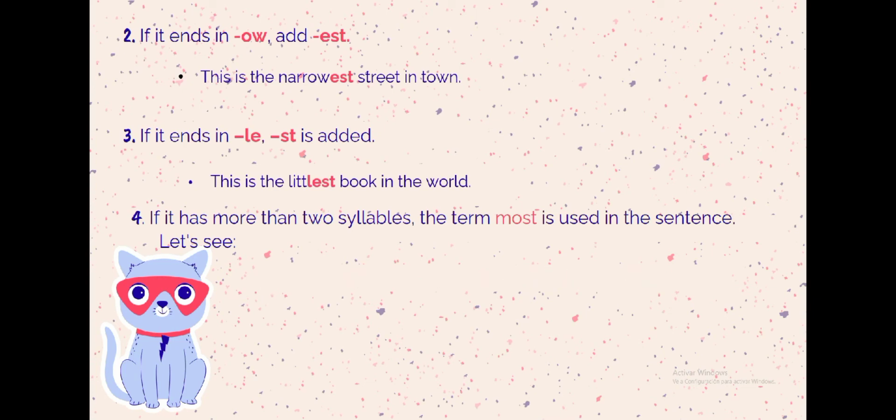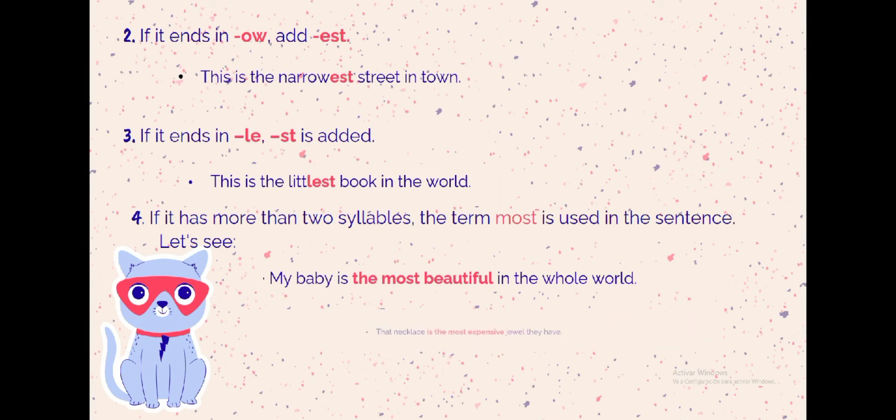If it has more than 2 syllables, the word most is used in the sentences. Let's see. Example, my baby is the most beautiful in the whole world. Number 2, that necklace is the most expensive jewelry they have.